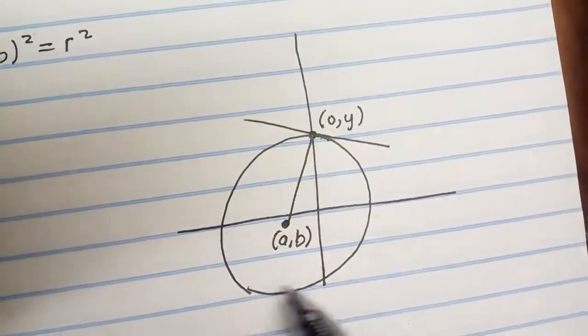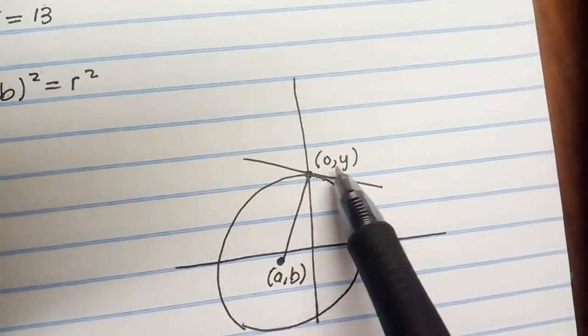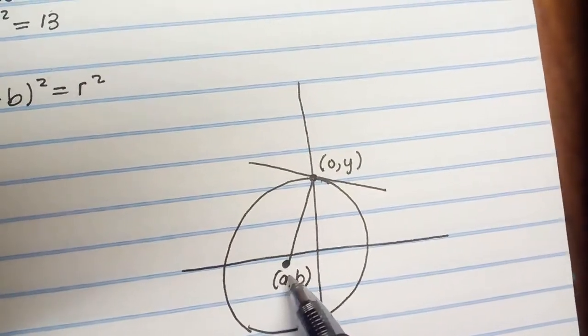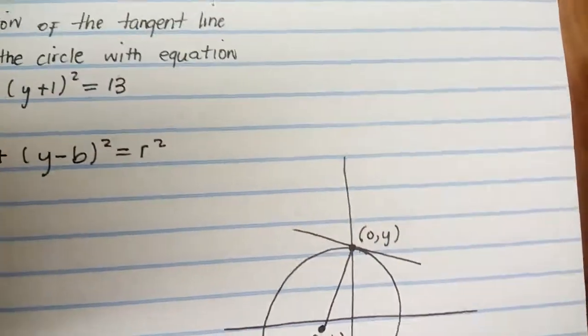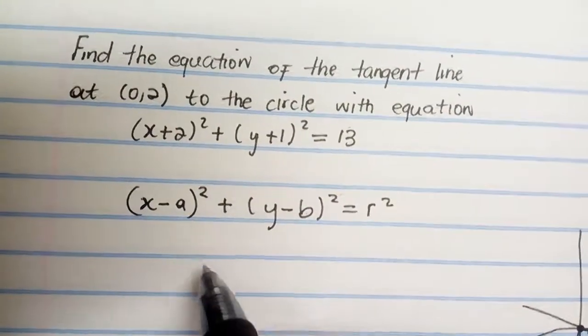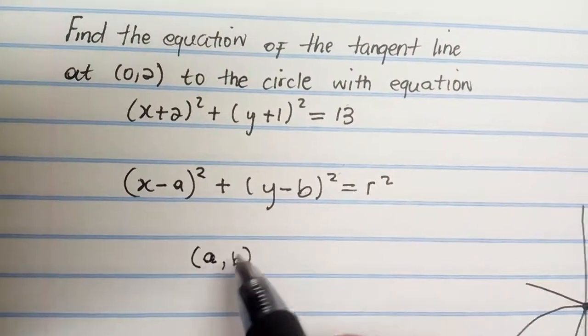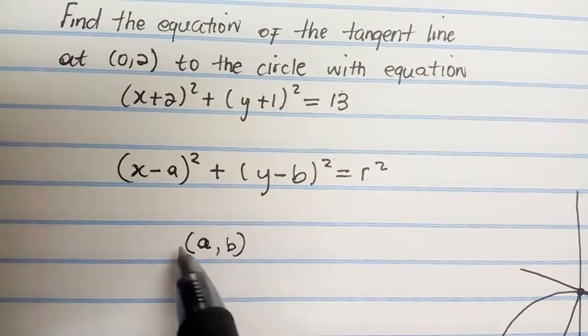As you can see, I've drawn a circle on a Cartesian plane with a point (0, y) and the center coordinates (A, B). And you already know that on your standard equation, the numbers A and B represent the center coordinates of every circle.